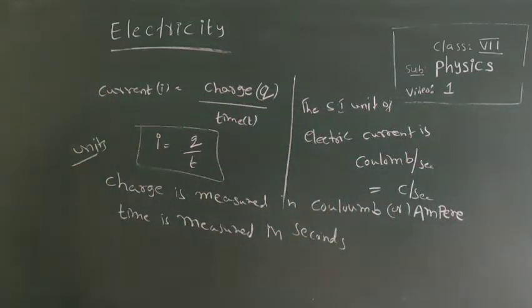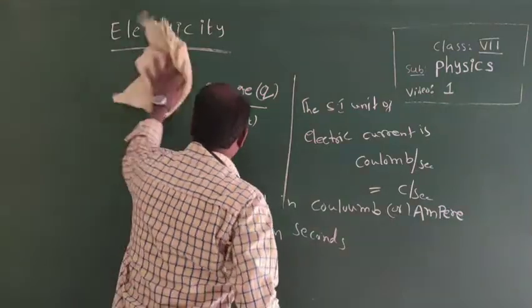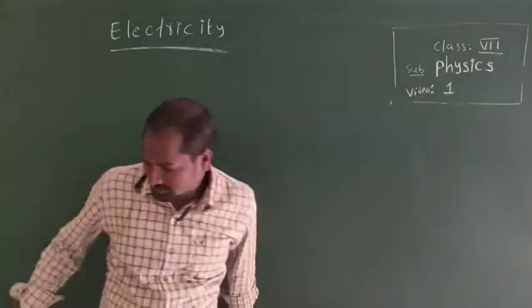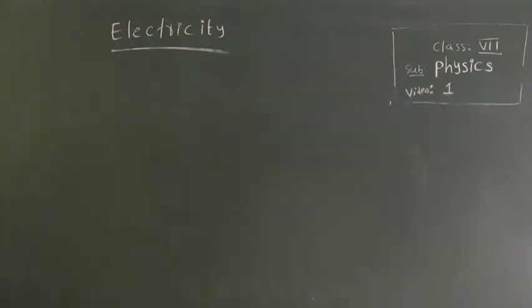These are the units for the electric current. Now, charge of one electron. It is about electric current.